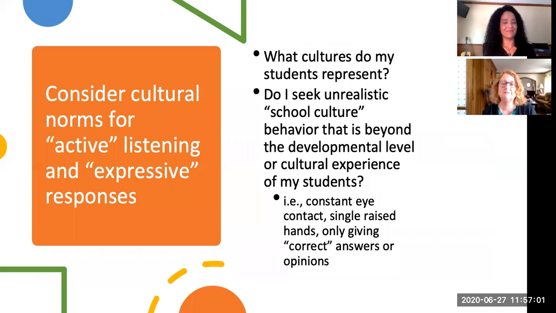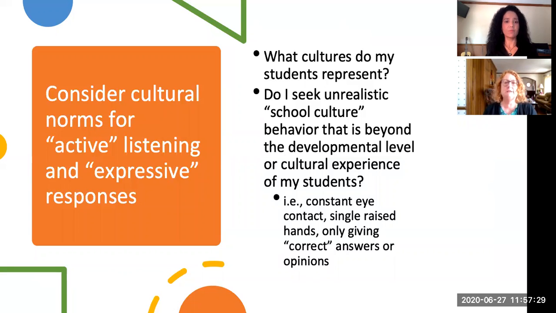Another aspect of this expressive language elicitation is thinking about the cultural impacts. What is normal for the culture of the students, whether that is an ethnic culture or a community style, but we also have a tendency in music to have our own musical culture. One of the things that can happen is that sometimes we have a bit of a bias, whether conscious or unconscious, toward perfection as musicians.